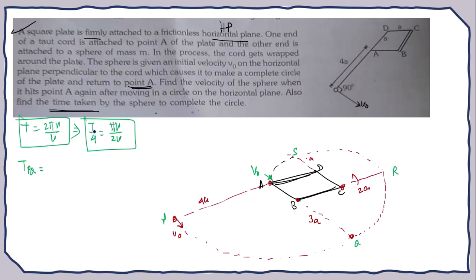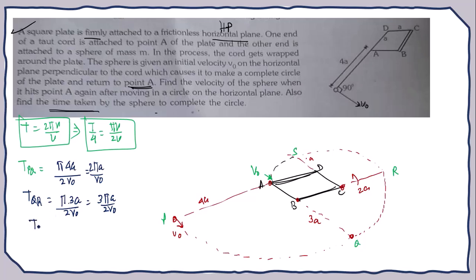Here R is 4a, so pi into 4a by 2 into V naught. That means 2 pi a by V naught. Now T for Q to R, pi into radius 3a by 2 V naught. That means 3 pi a by 2 V naught.